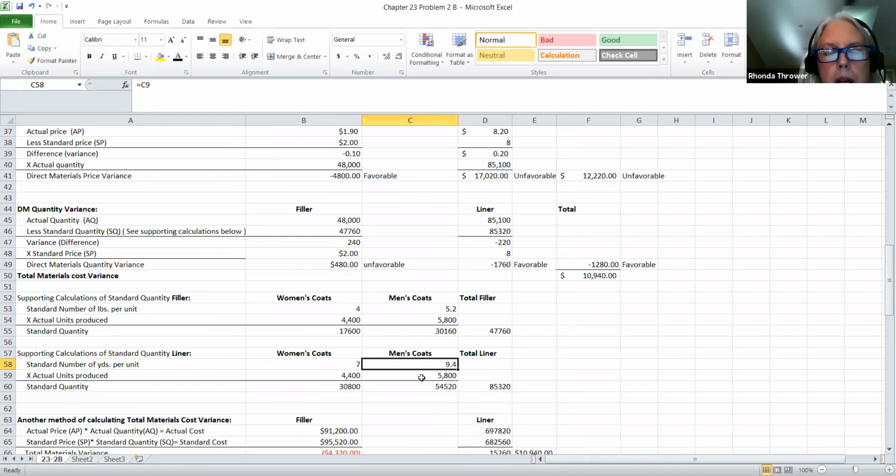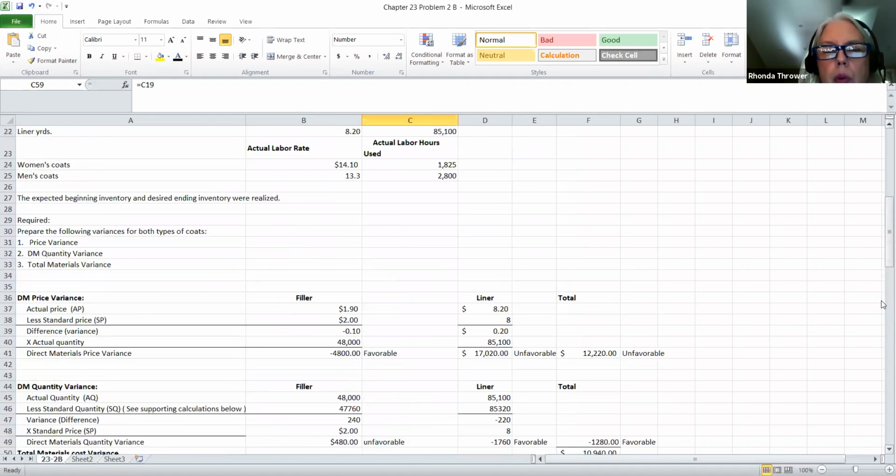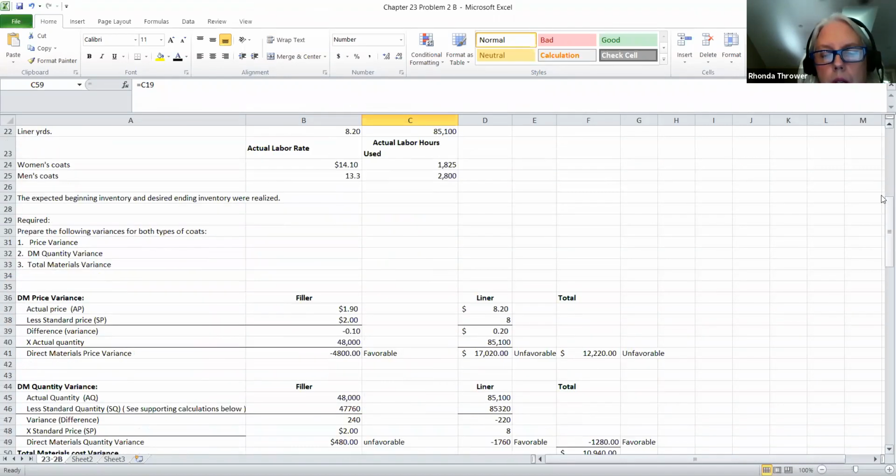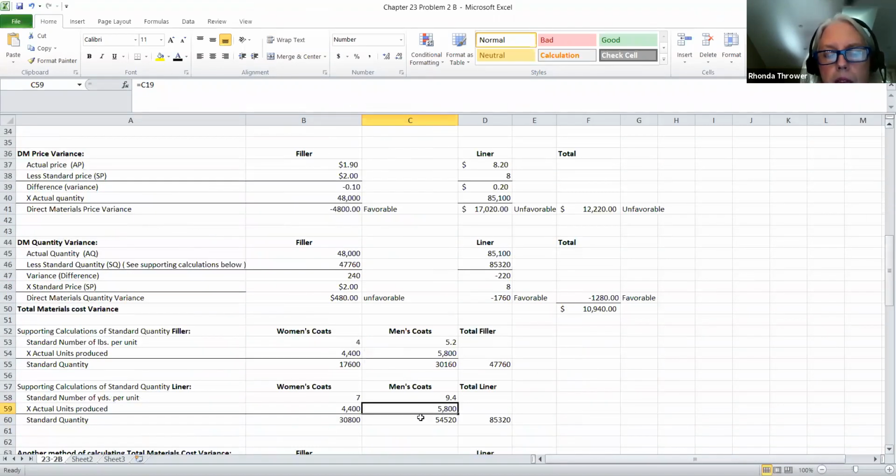Then we're going to multiply that by the actual men's coats that were produced during this period of time. The actual amount of men's coats was 5,800. Multiply 5,800 times 9.4, which is the standard number of yards to produce one man's coat.